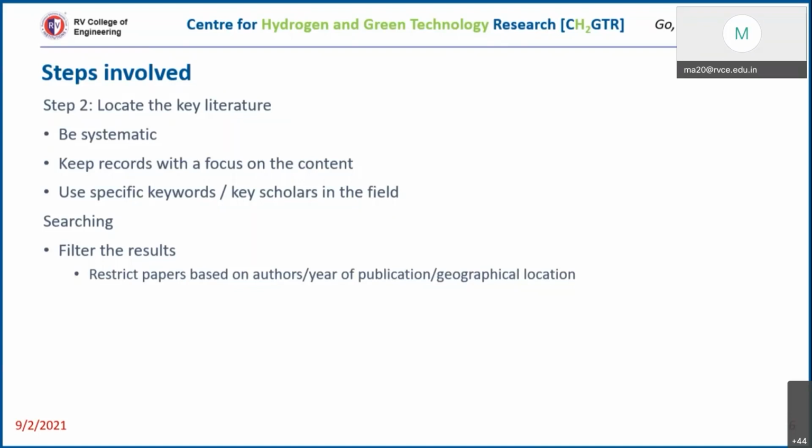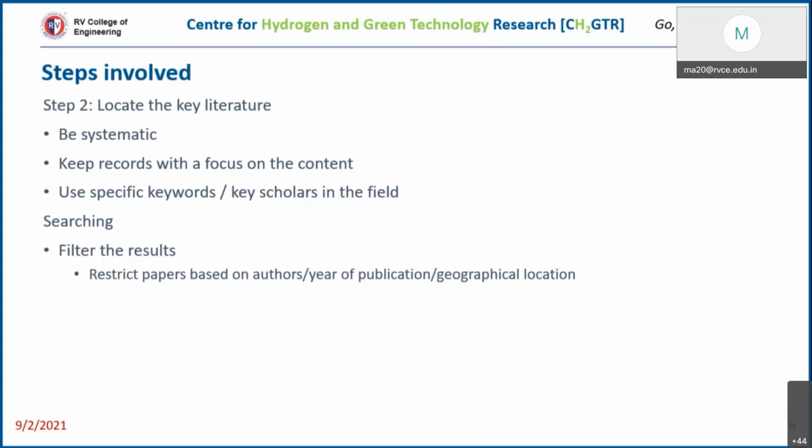So that is one way of filtering the results. Otherwise, based on your keyword or search phrase, there might be hundreds of publications. So if you narrow it down to just 1 or 2 years based on year of publication, then it will come down to 10, 20. This is just an example.